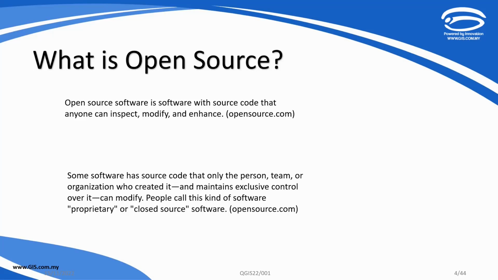Some products you know, like Microsoft Windows, Microsoft Office, Oracle database, SQL Server, are all closed source, and they come with a price. But closed source can also be free. There are some people who give the software for free.